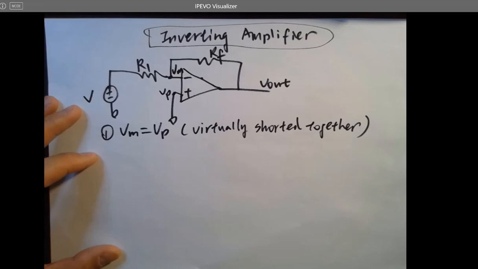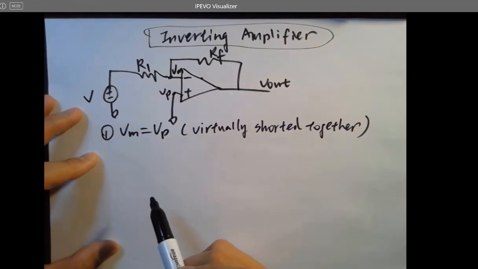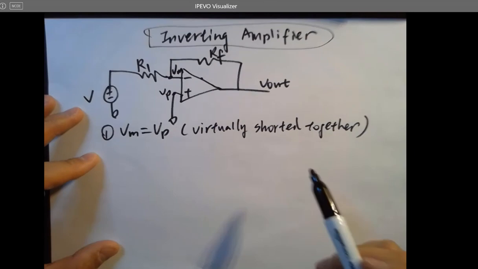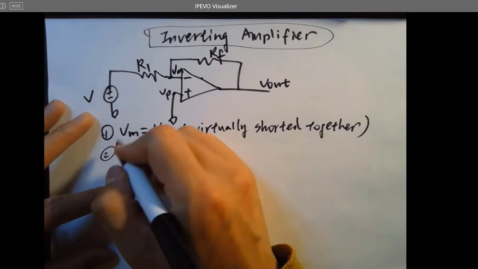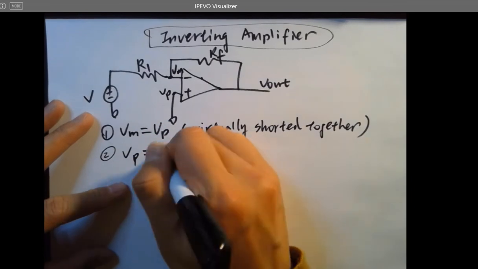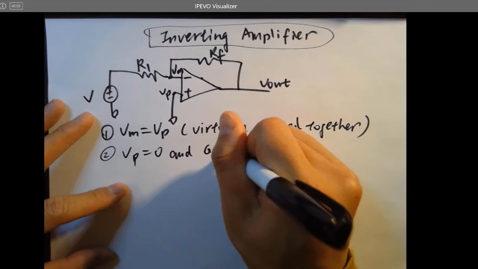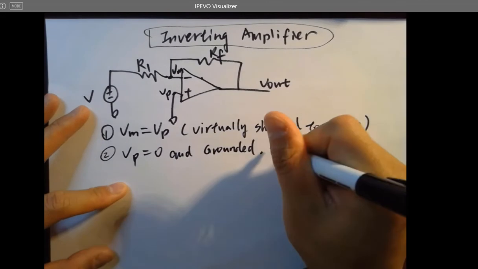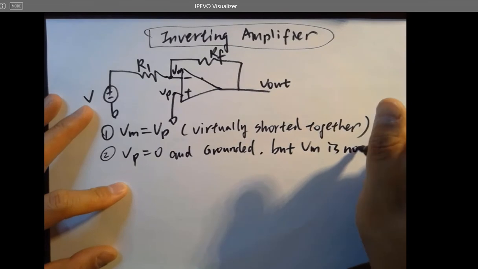Okay. And we know that here VP is ground, so it seems like VM is grounded as well, which is wrong. VP equals 0 and is grounded, but VM is not grounded.